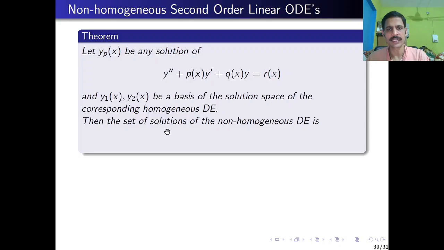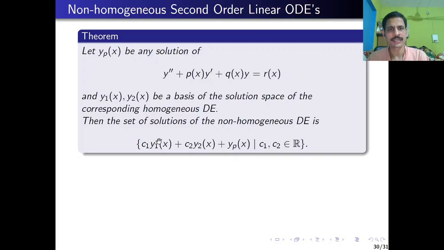Then the set of solutions of the non-homogeneous ODE is given by the set of c1y1(x) + c2y2(x) + yp(x) such that c1, c2 belong to R.